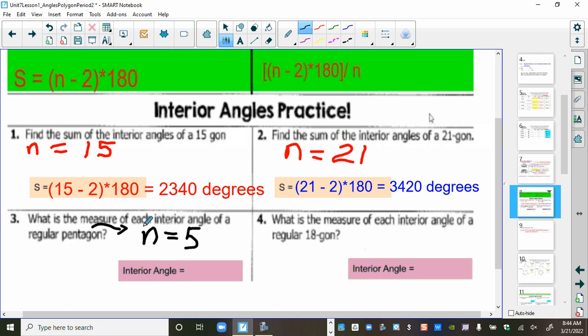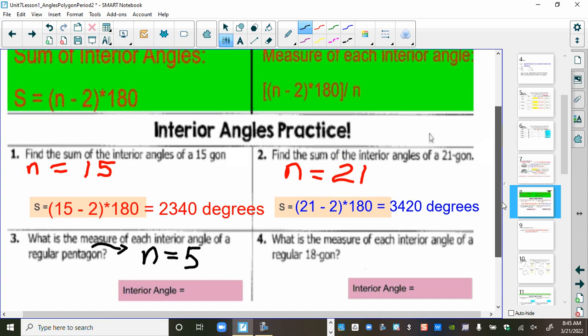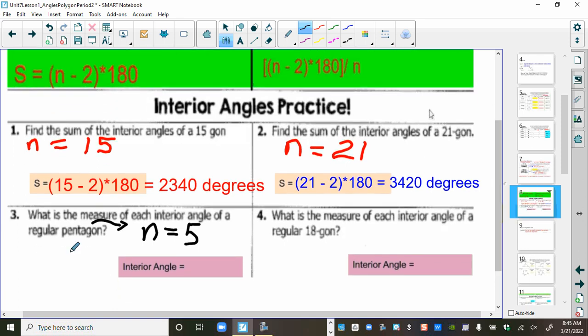Now, if we want the measure of each interior angle, which formula are we using now? The one on the left or the one on the right? The one on the right. So it's almost like the one on the left. Subtract: number of sides minus 2.